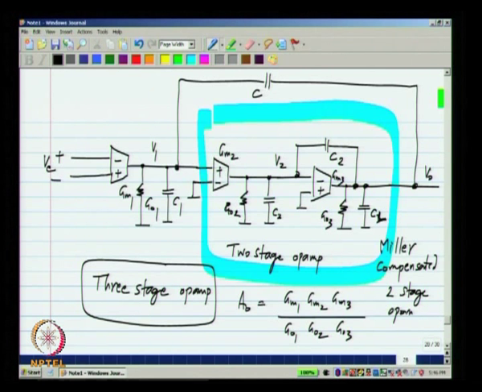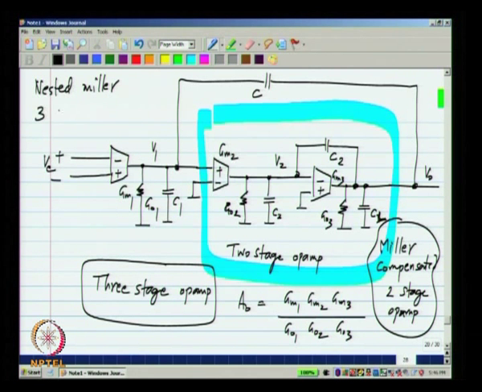The two stage op amp that we discussed is a Miller compensated two stage op amp. Now, you see that first of all the op amp inside has a Miller compensation, the outside one also has a Miller like compensation. So, this entire thing is called the nested Miller 3 stage op amp.